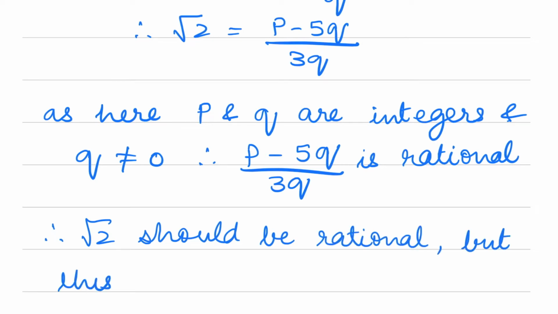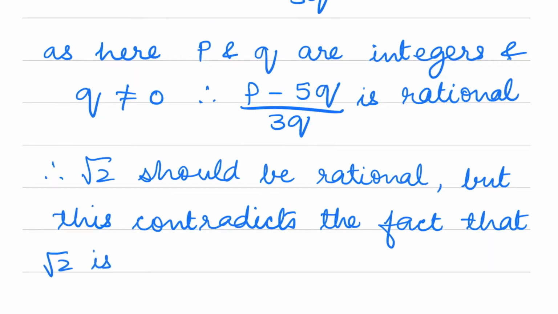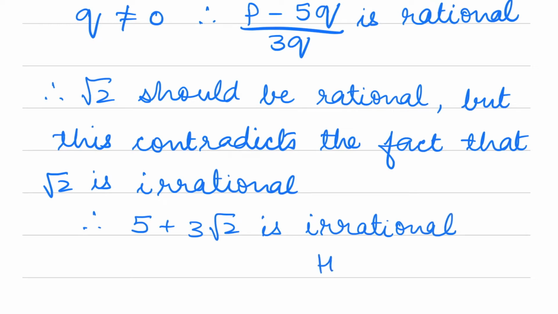But this contradicts the fact that root 2 is irrational. Therefore, 5 plus 3 root 2 is irrational. Hence, proved.